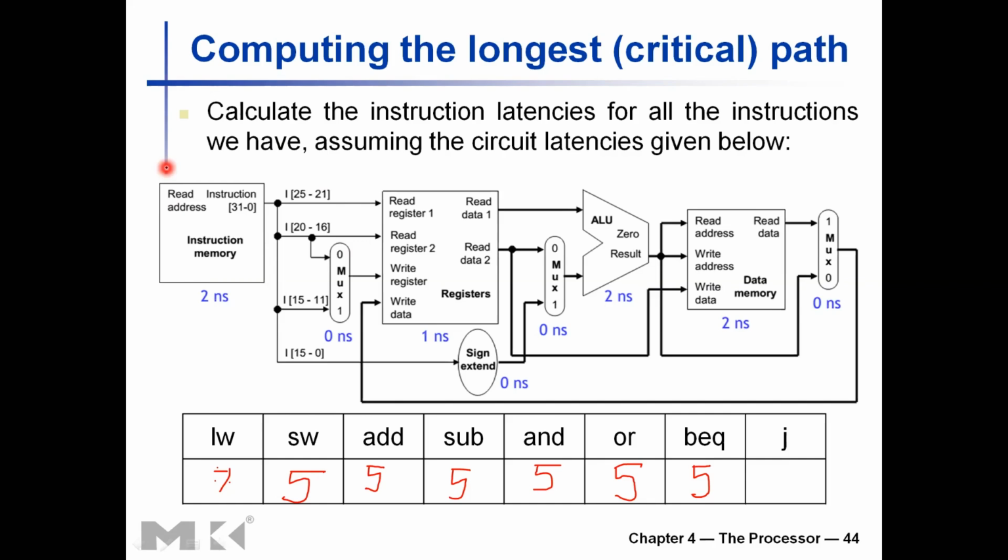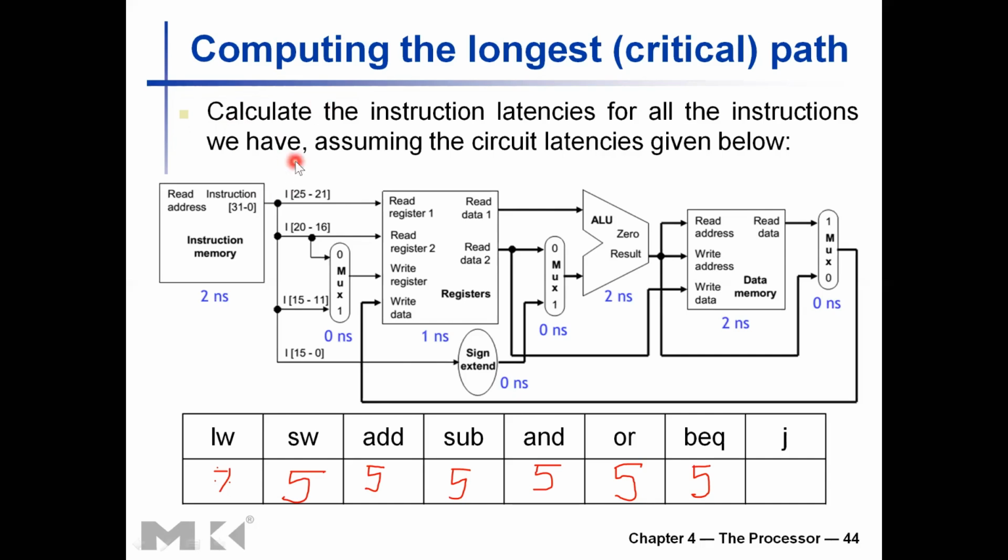At the positive edge, PC gets updated, and from there the instruction memory will consume 2 nanoseconds to produce the new instruction. At the same clock edge, the adder can start its operation. It's a combinational circuit. The adder will take again 2 nanoseconds to produce the PC plus 4 value. So by the time the instruction is read, the PC plus 4 value is available at the end of the adder.